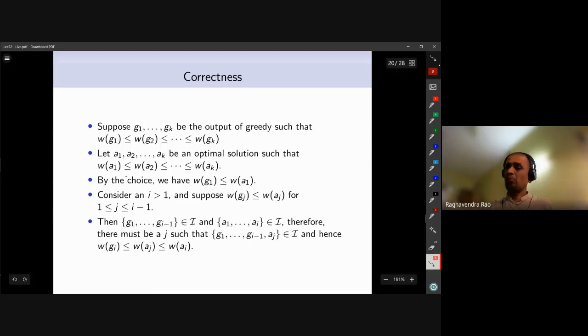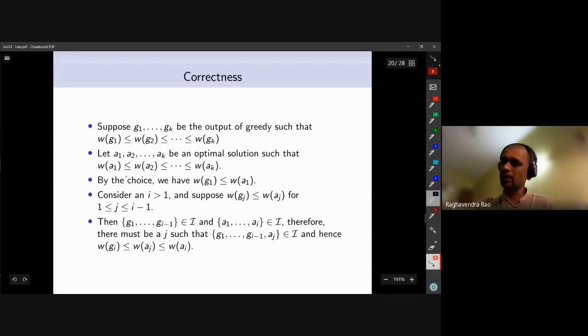Now, by the exchange property, there must be an index, well, I just chose J. I'm sorry, this J and this J, hope there is no confusion. There must be a J such that G1 to Gi minus 1 together with Aj is independent. See, there is something that I didn't write here.